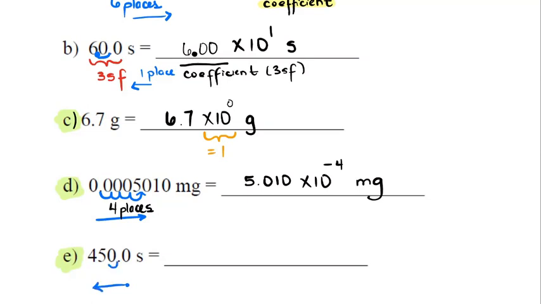In this measurement, we're going to be moving it 1, 2 times. So we moved it 2 places. Our measurement to begin with has 4 sig figs. We need to keep them in the coefficient. So this is 4.500 times 10 to the 2. And the measurement is seconds. Okay. Questions about letter E?